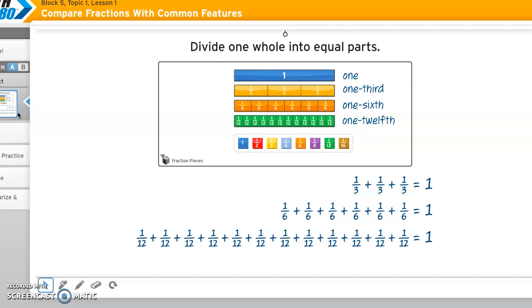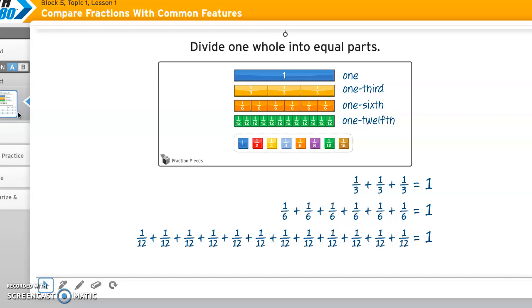You'll remember that before spring break, we learned how to build, compare, and add fractions using fraction pieces. And you really got the hang of thirds and sixths and twelfths and fourths and eighths, and that whatever the denominator is, it takes that many of a piece to make one whole. If you look at the fractions on the screen, notice what happens to the denominator when the fraction piece gets smaller.